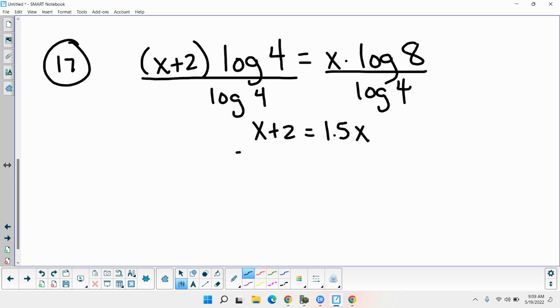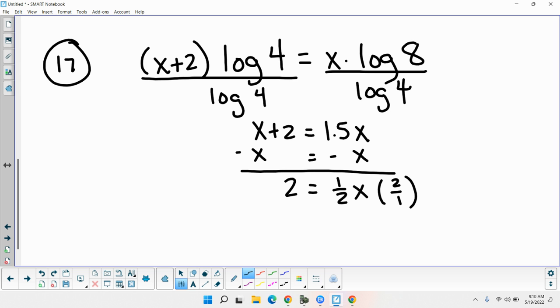I'm going to subtract the x over to this side, since that'll just give me a 2 on the left. What's 1.5 minus 1? A half, right? And again, dividing by a half is like multiplying by 2. So the answer is 4. That's introduction. Okay, good.